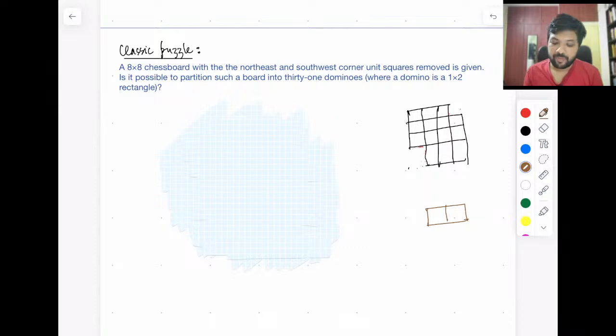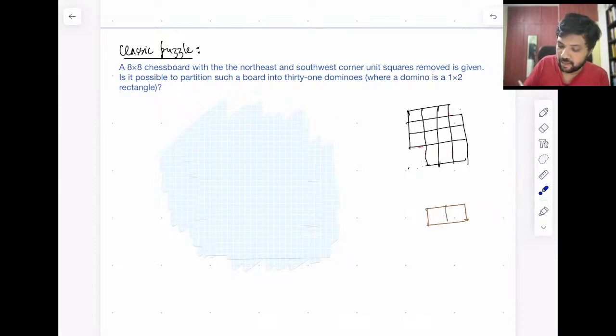The way to think about this problem is to look at the question, the way I've drawn it. If you notice, the colors on the chessboard are not important. Whatever the color, one can always ask whether you can tile this entire board by these 2x1 dominoes.